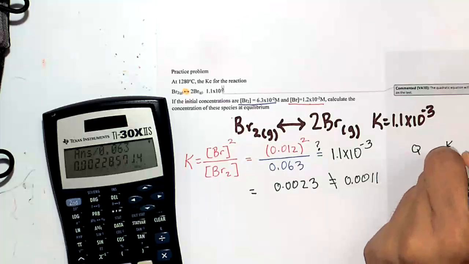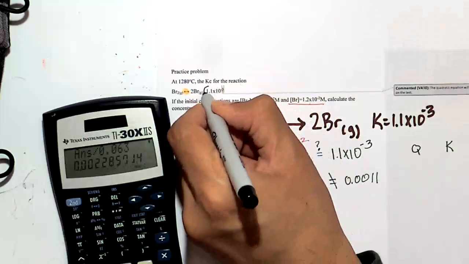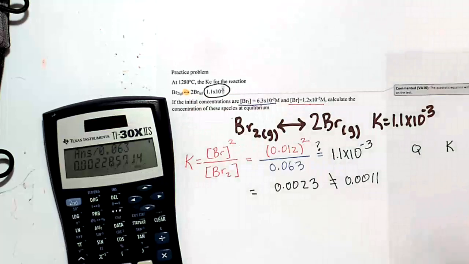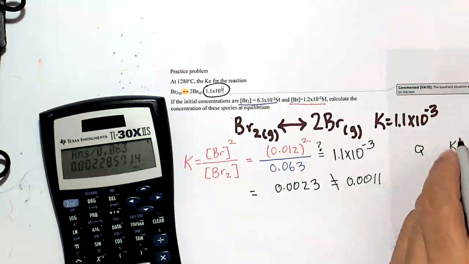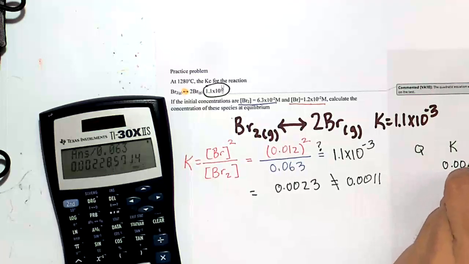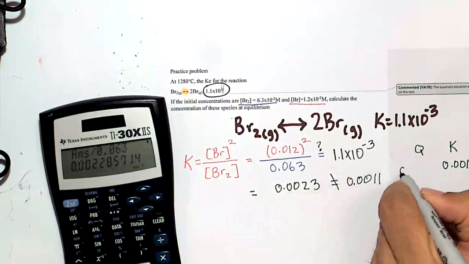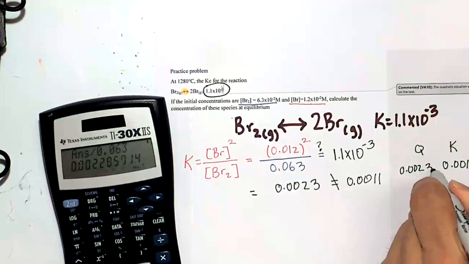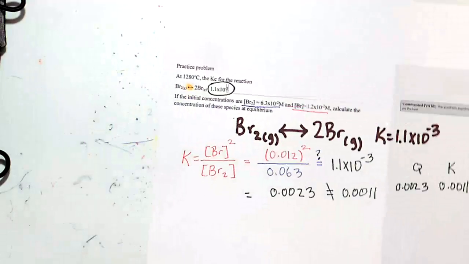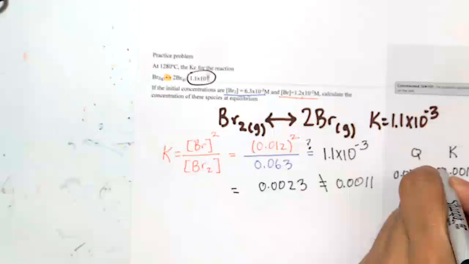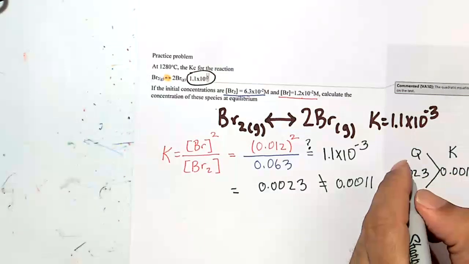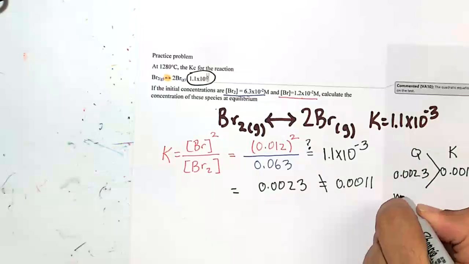Alright, we're going to put Q first and compare it to K. K, they tell you in the problem, is 1.1 times 10 to the minus 3, or 0.0011. What is Q? 0.0023. So which is bigger, Q or K? Okay, Jacob, very good. So which way will the reaction shift?